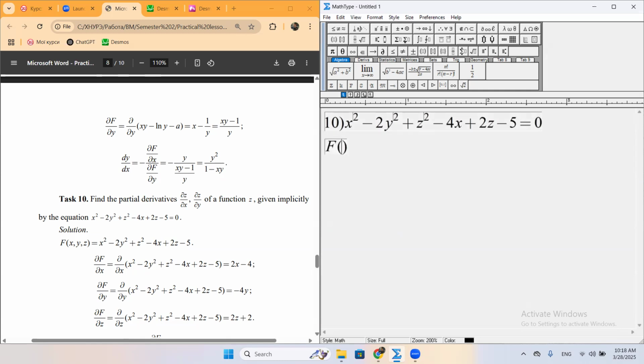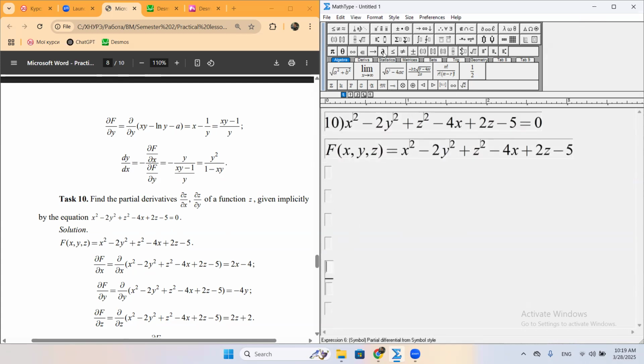So we have a function f that depends on x, y, z, this left part. And we will find partial derivatives analogically.